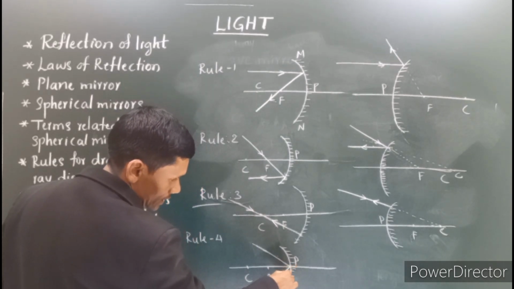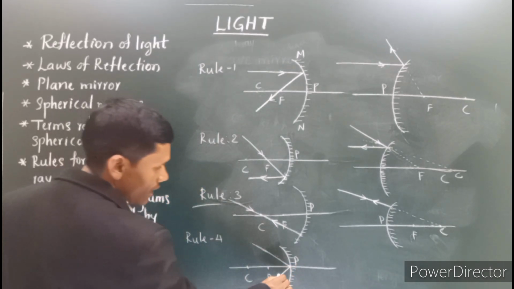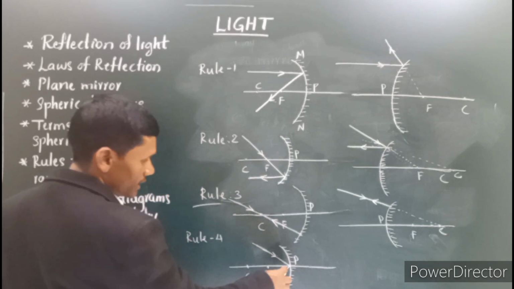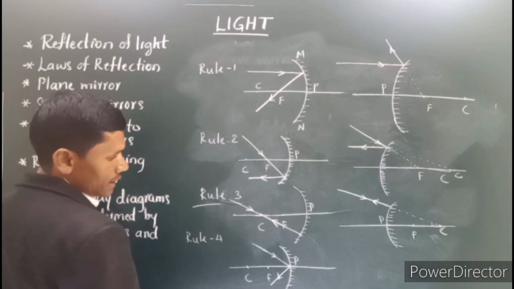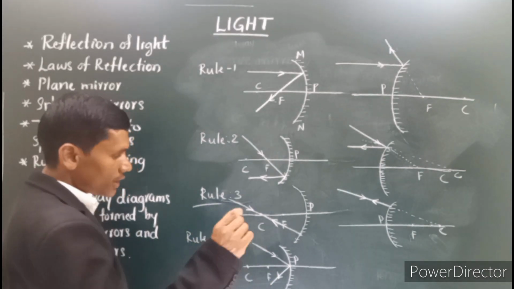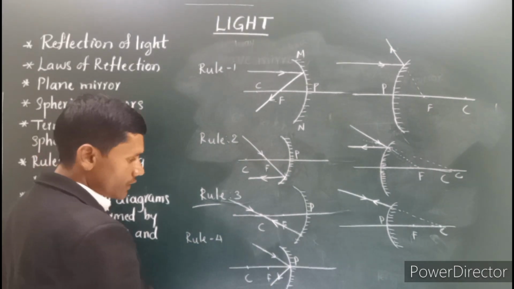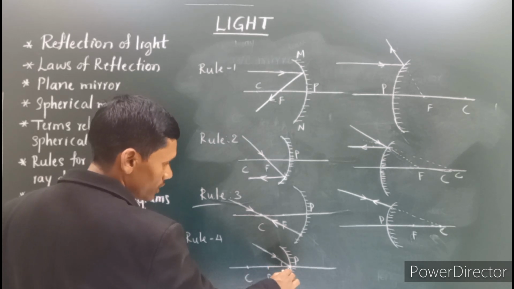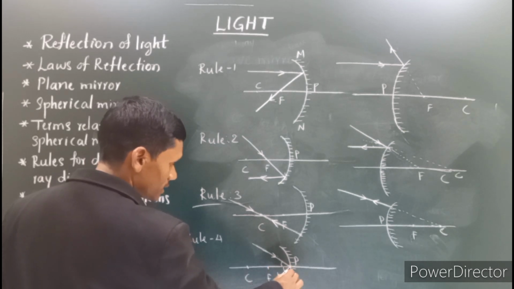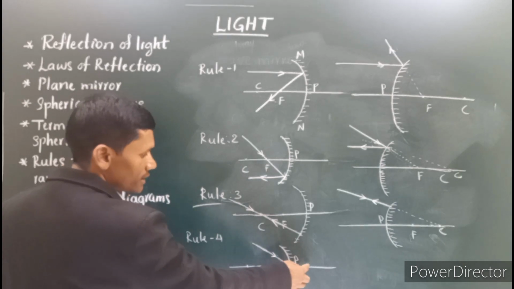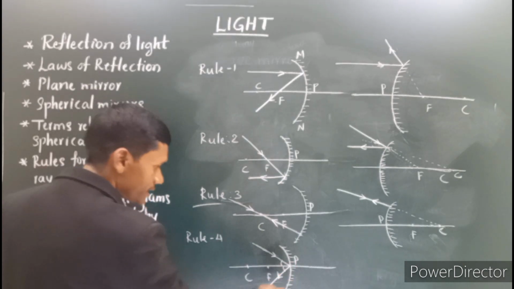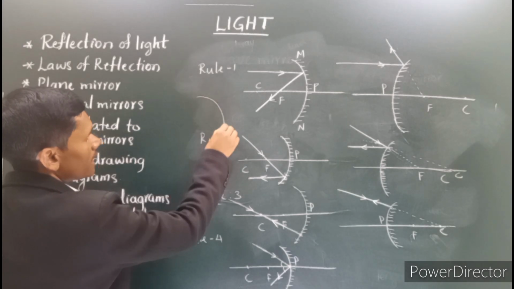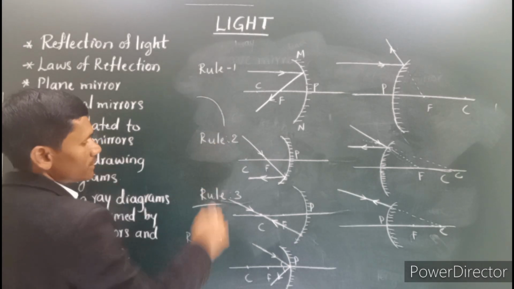it emerges obliquely after reflection, following the laws of reflection. Following the laws of reflection means what? Angle of incidence is equal to the angle of reflection. Here, the principal axis is considered as normal to this surface. If you consider any spherical surface, at each point you can find a normal.